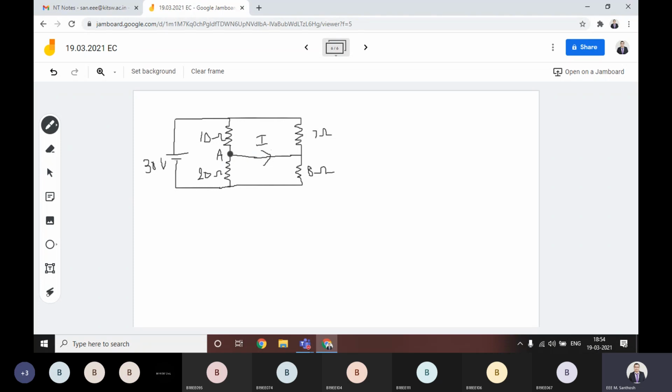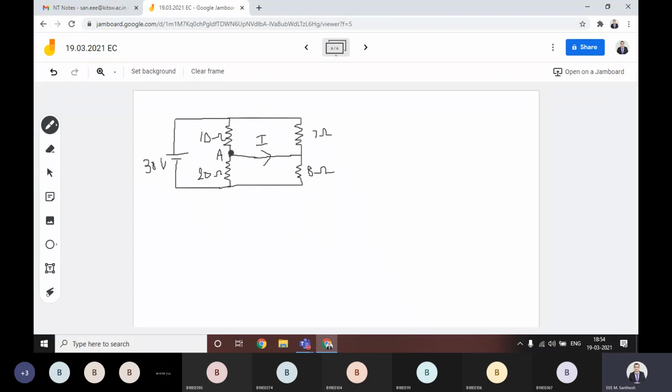Simply for finding the value of V at this point, I am assuming KCL at this point A. Okay, this is the point A, where I am assuming the voltage value VA.